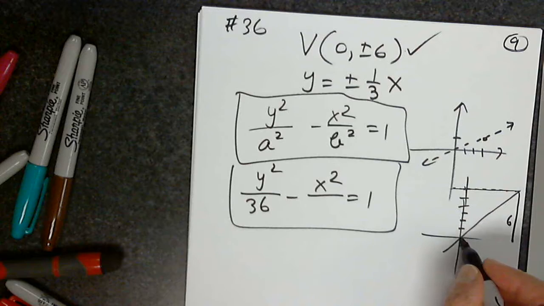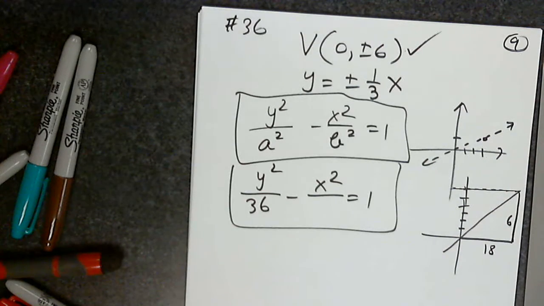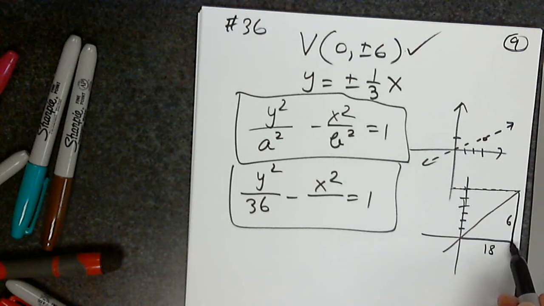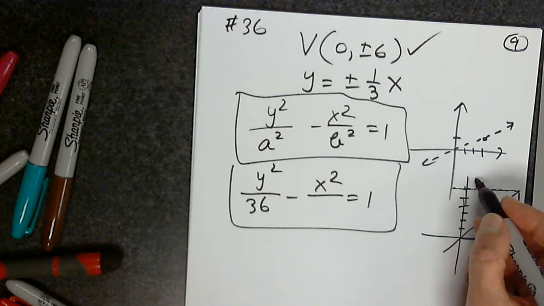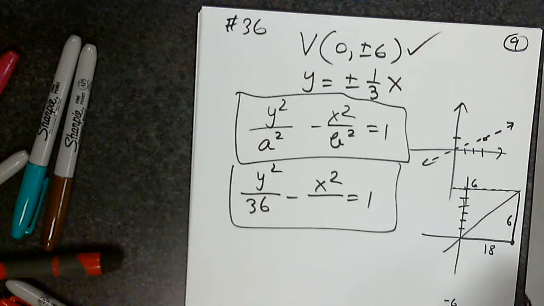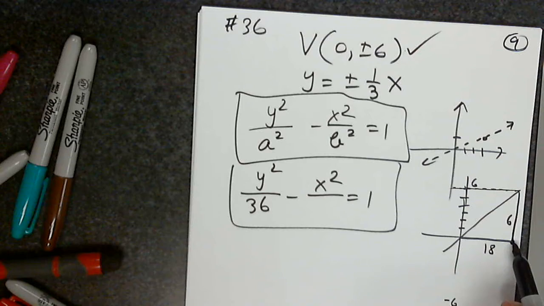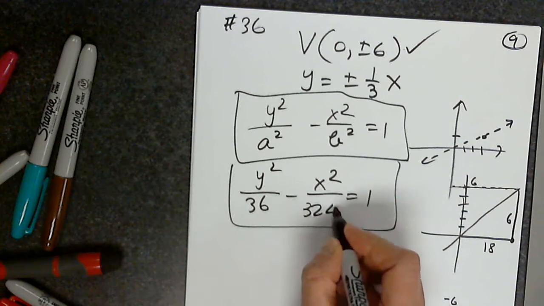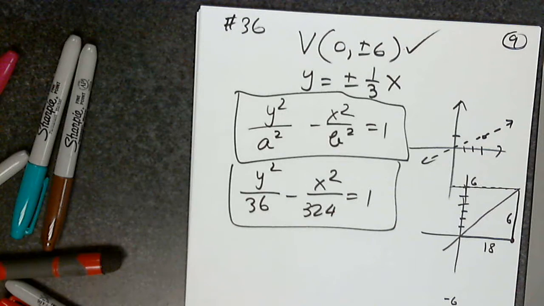So 6 over 18. 6 over 18 is 1/3. So then I know what? If I know that this is 6 and this is -6, and then I know that this is 18 squared indeed. How much? Very good.